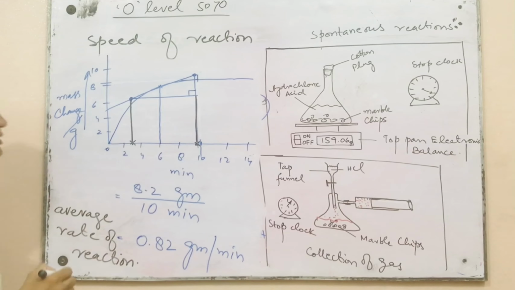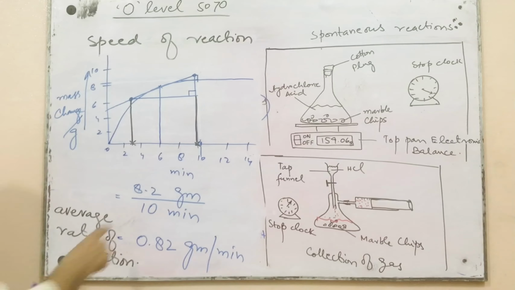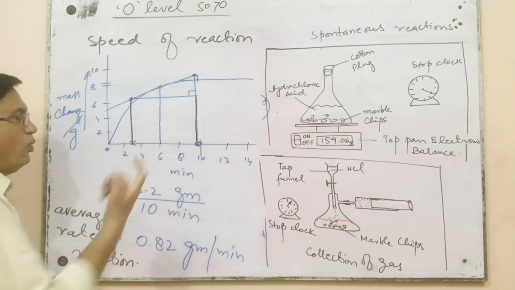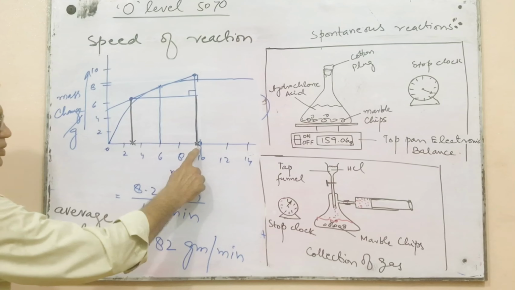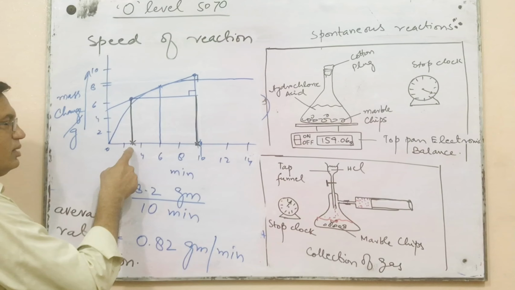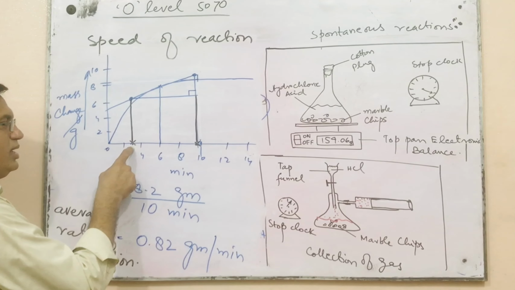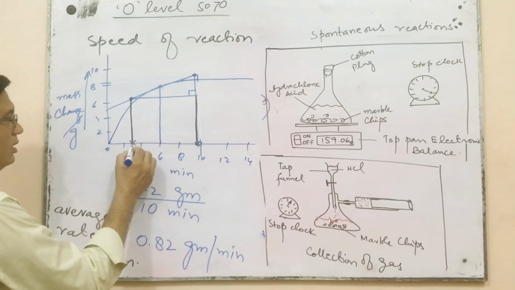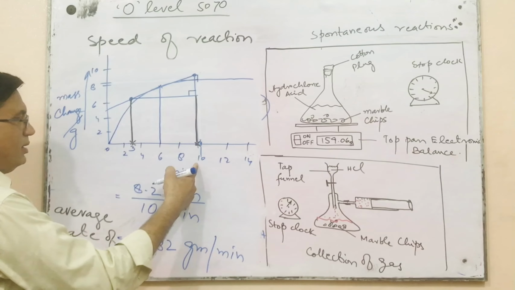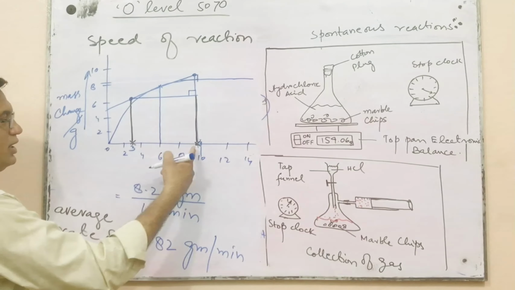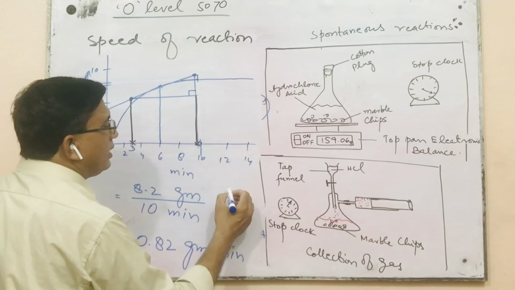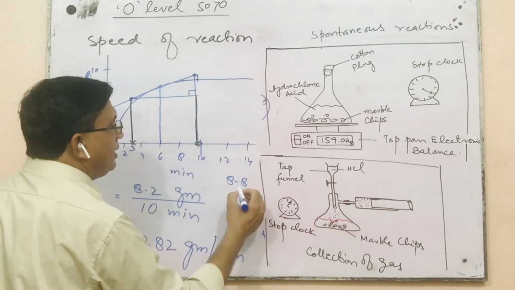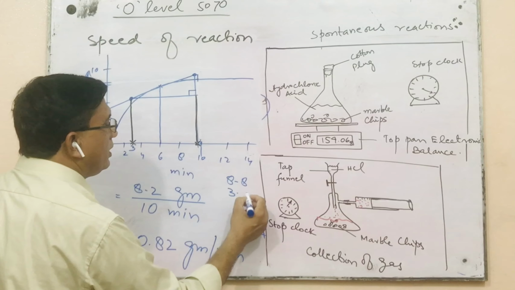For this right angle triangle, the total time taken is from this point to this point. For example, this is the point 8.8 value. Minus, from here, suppose this is the value 3. Then 8.8 minus 3. Total time comes 8.8, then 3.0.